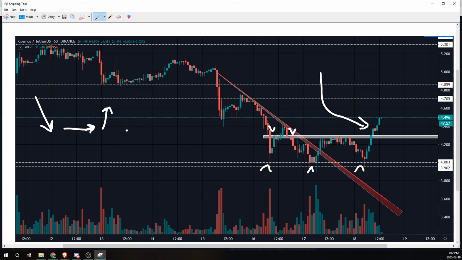And what are you looking for here? You're looking for higher highs and higher lows. You're looking for breaking of major key levels of resistance, and that's exactly what we had on Cosmos. A lot of the alts obviously follow this pattern as well, so we are long many alts, but that was an opportunity that I did not take.